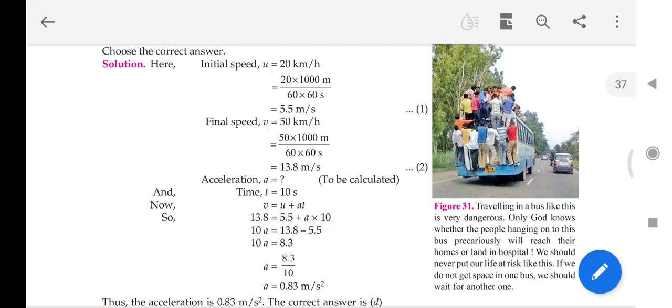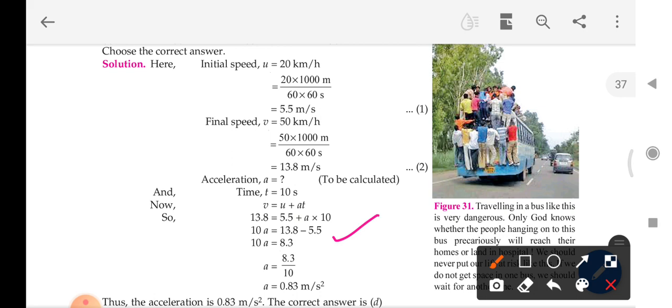So 10a equal to 13.8 minus 5.5. When we subtract 13.8 minus 5.5, we get 8.3. So 10a equal to 8.3.